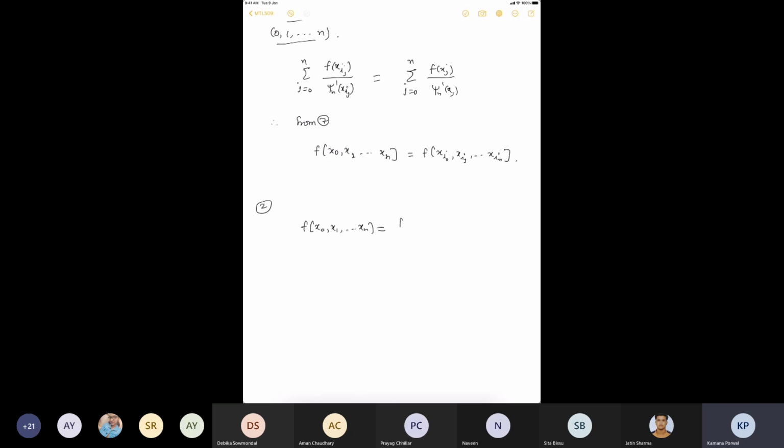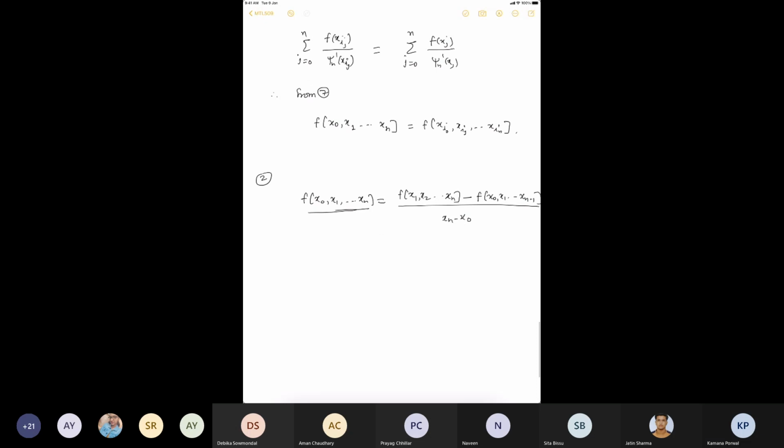I'm going to take the last n indices, f of x1, x2 up to xn, minus f of x0, x1 up to xn minus 1, the first n indices, divided by the difference of the first and last index, which is xn minus x0.